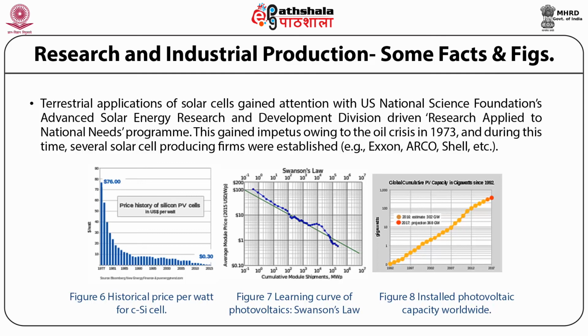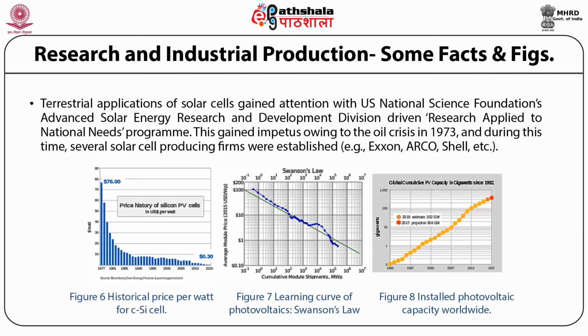This gained impetus owing to the oil crisis in 1973, and during this time several solar cell producing firms were established, for example Exxon, Arco, Shell, etc. These were soon joined by technological industries such as GE, IBM, Tyco, etc.